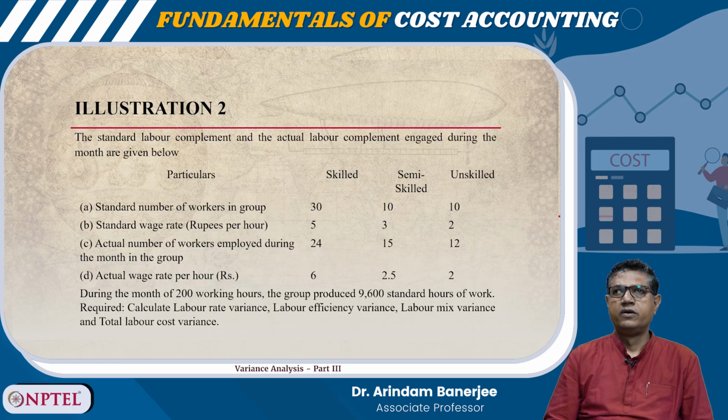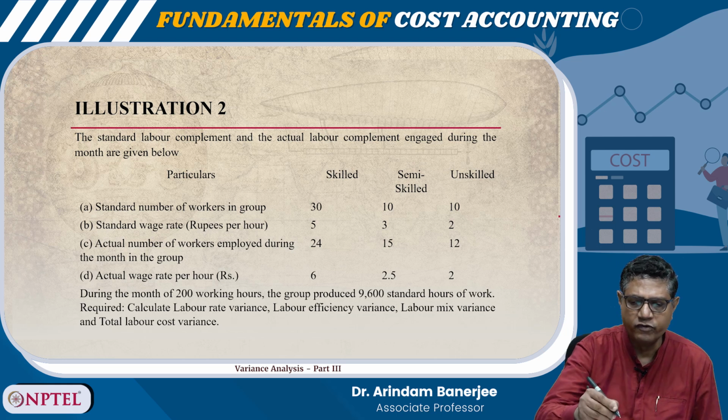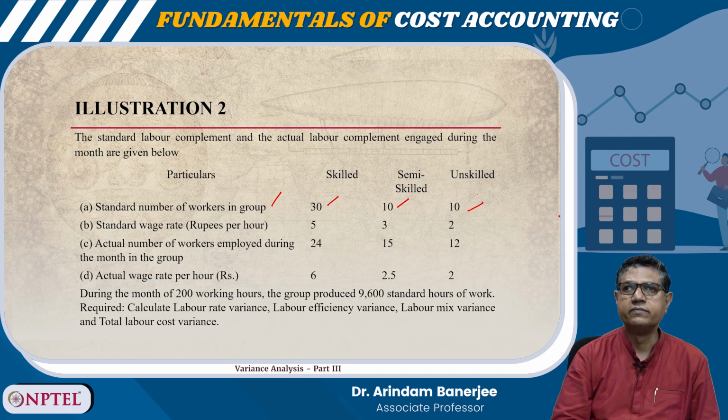Fine. Okay. Illustration 2. The standard labor component and the actual labor component engaged during the month are given below. Standard number of workers in the group: skilled 30, semi-skilled 10 and unskilled 10.